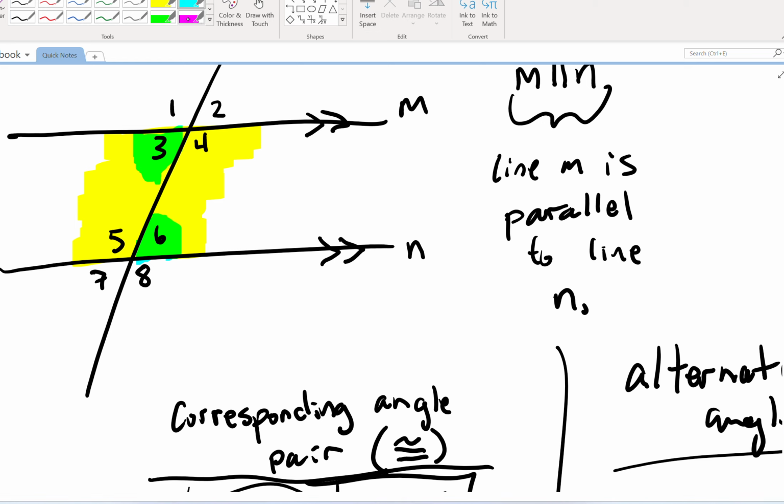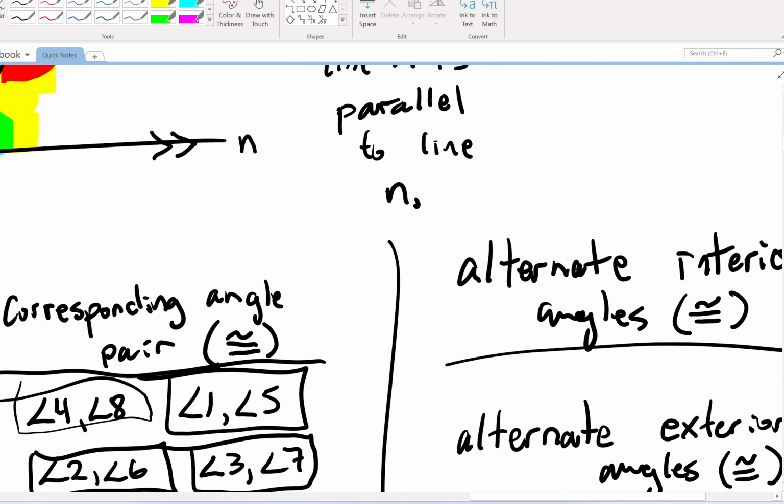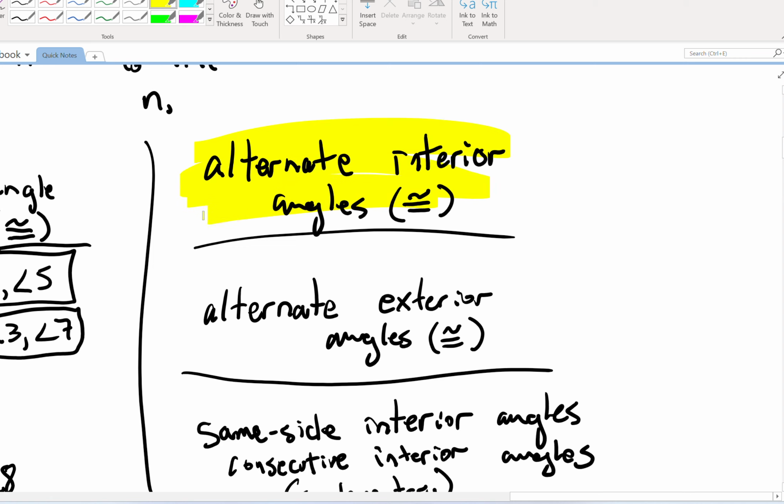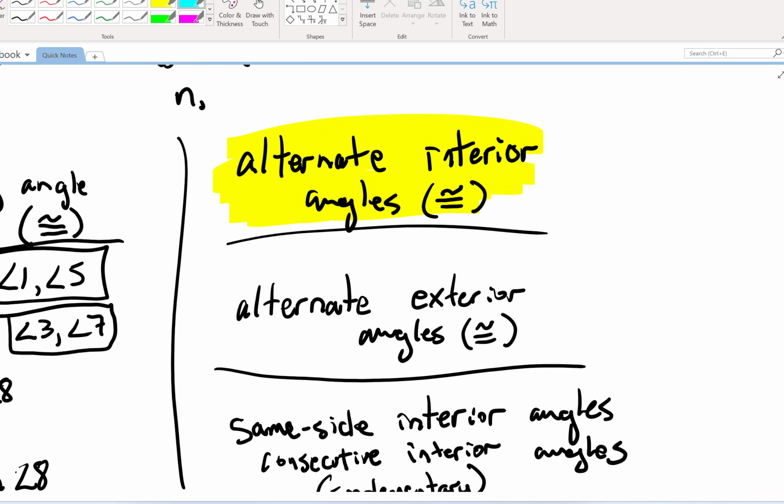If I went to angle 4 and angle 5, those are congruent because they're on opposite sides of the lines. So those are the alternate interior angles.